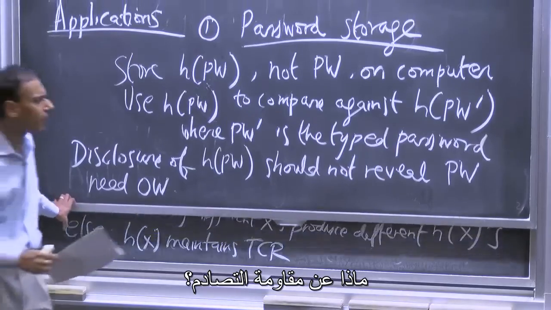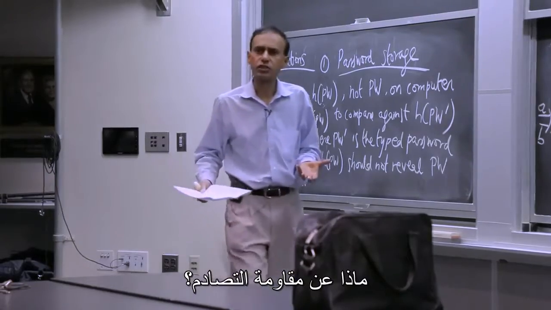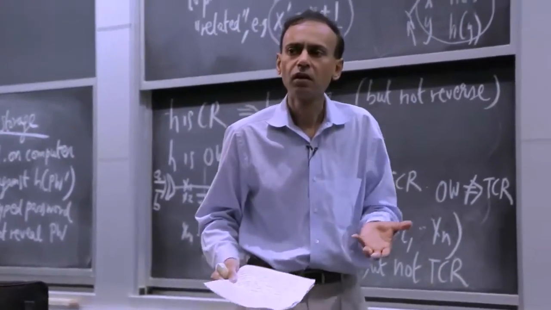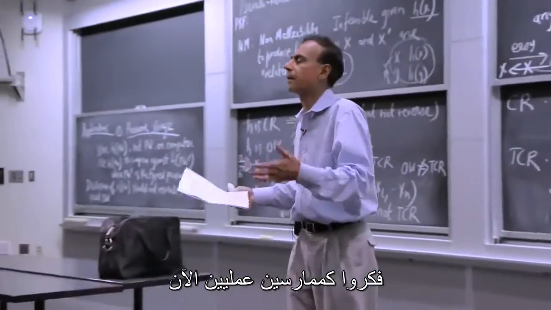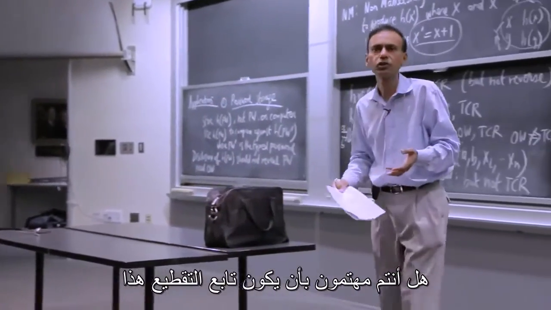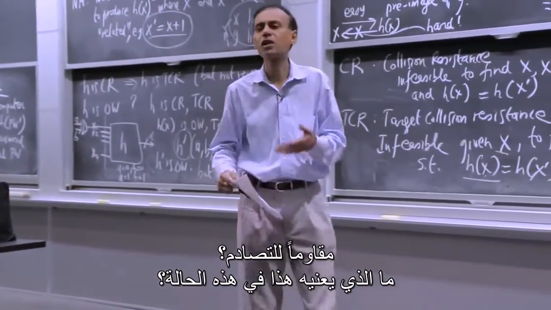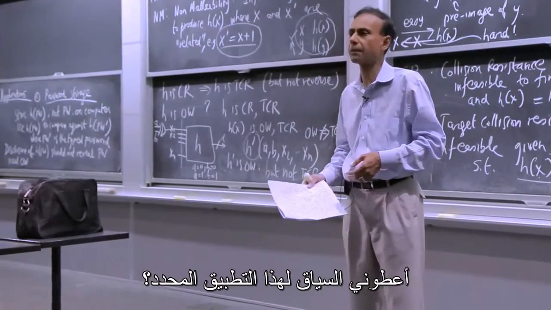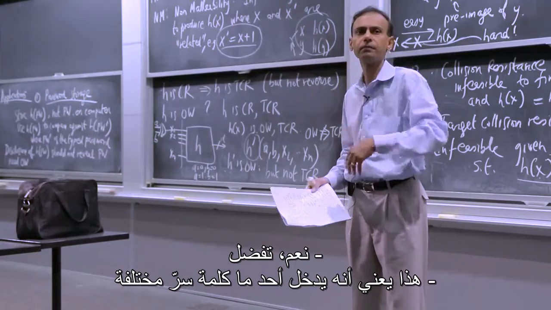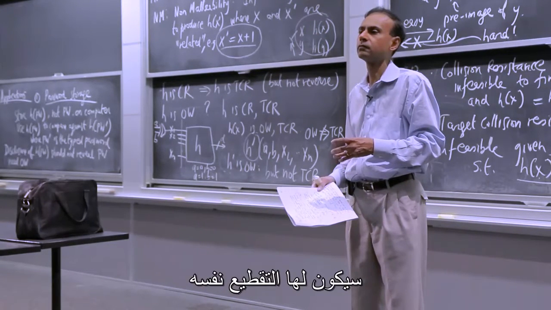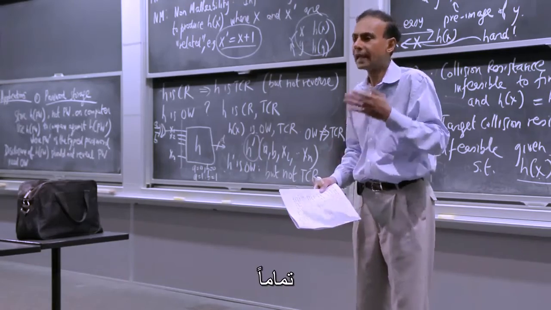What about collision resistance? Or target collision resistance? Think practitioner now, right? Are we interested in this hash function being collision resistant? What does that mean in this case? Give me the context in this particular application. Yeah, go ahead. It means someone entering a different password will have the same hash. Exactly.